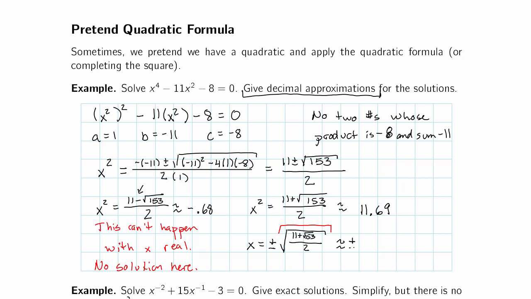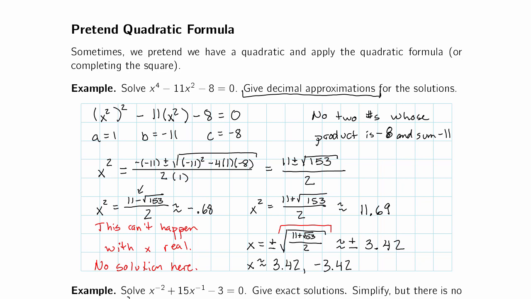And we get, we'll just keep the plus or minus, about 3.42. It doesn't tell me how many decimal places to round to. I'm just going to pick 2. So we got x is about 3.42 or -3.42.